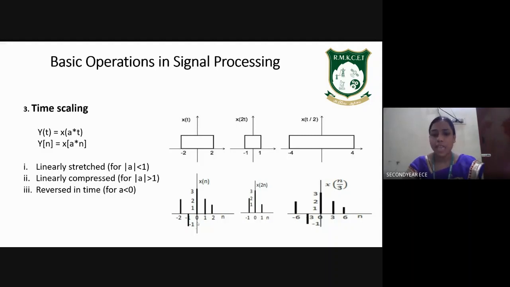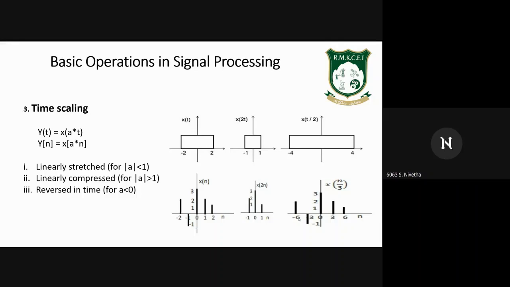Why are we starting here from minus 6? Because we have a sample at minus 2 in the original sequence, where it is starting. You equate this minus 2 is equal to n by 3. You will get n is equal to minus 6. So from where we have to start now? From minus 6.